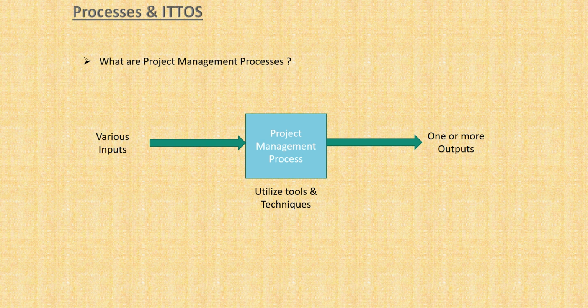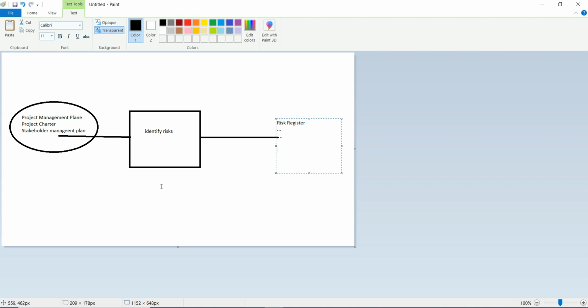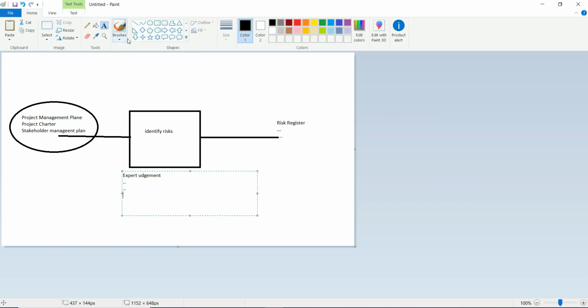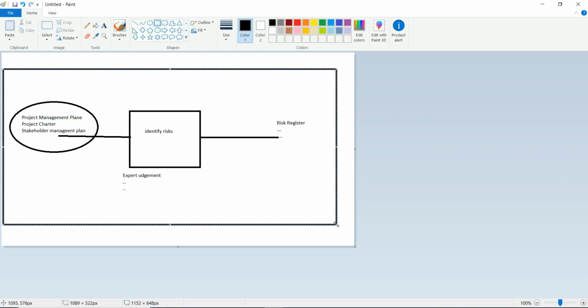Say we have a list of activities out of which we have to identify a few risks. In that case, we have to use our judgment and our experience to identify those risks, right? So expert judgment is a tool to perform the identify risks process. Like that, we have many other tools. So this is the whole thing about the processes in project management.